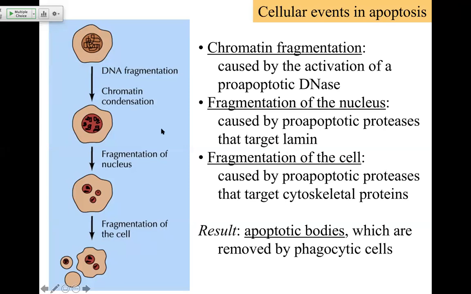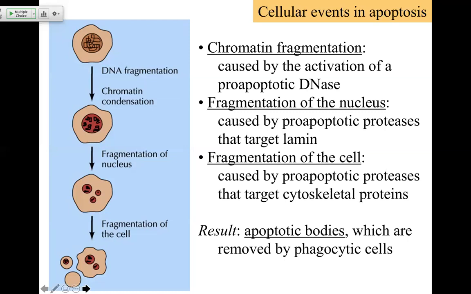So the DNA is precipitating, the nucleus is breaking down, and then other proteases, and a protease is always an enzyme, right, that targets proteins, it's going to cleave peptide bonds in proteins. Some pro-apoptotic proteases will be targeting cytoskeletal proteins. So the cell's breaking down. It's fragmenting into these small condensed bodies that we call apoptotic bodies.